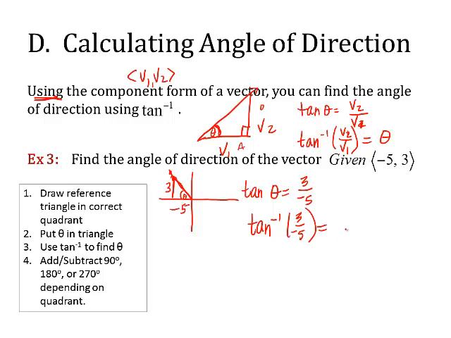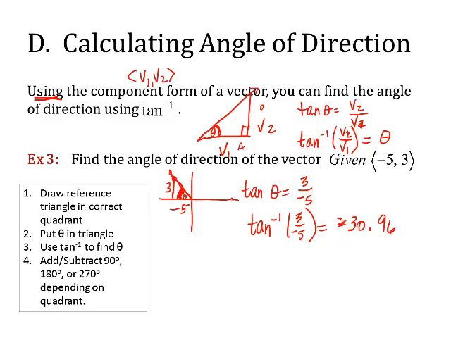And I get the angle negative 30.96. Now, this is just a reference triangle. So if it comes out negative, disregard the negative. Just think, okay, that's 30.96 degrees right here from the x-axis, okay? 30.96 degrees.